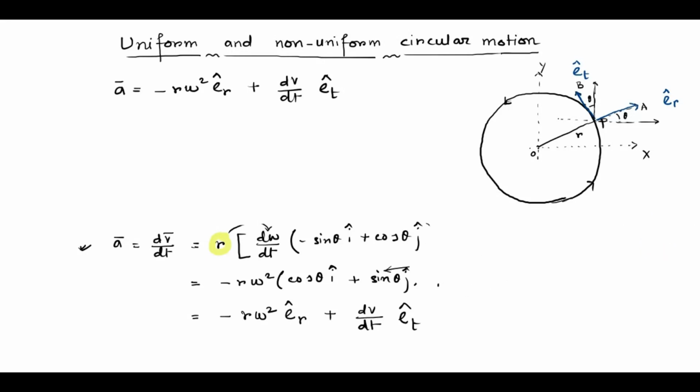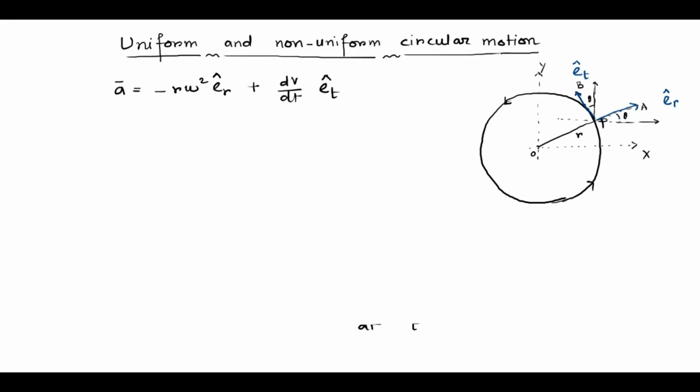If this is true, then we can distinguish what is uniform circular motion and what is non-uniform circular motion. First, I talk about uniform circular motion.